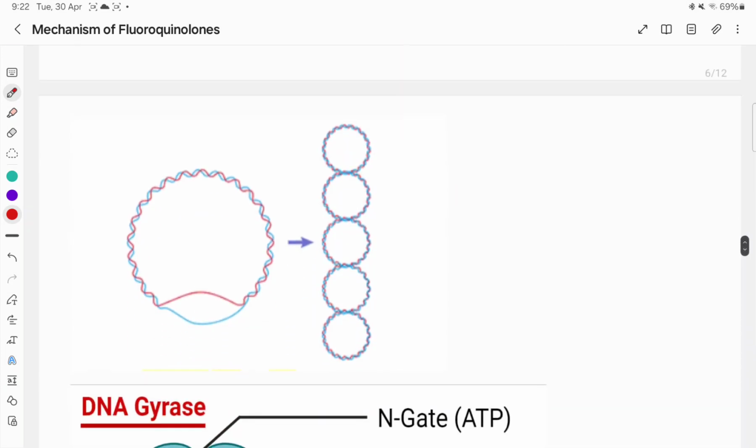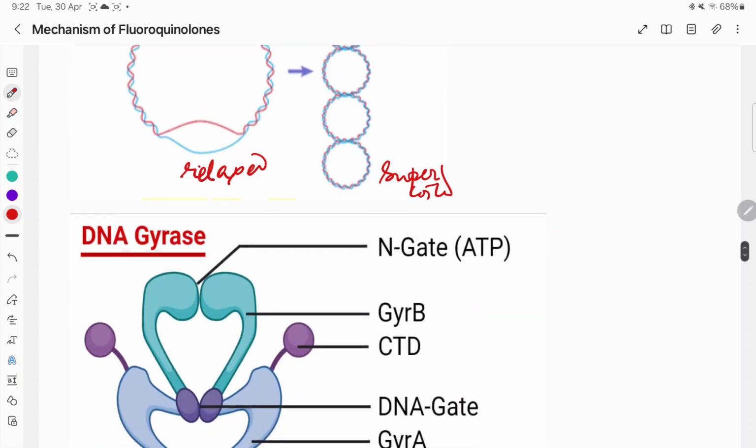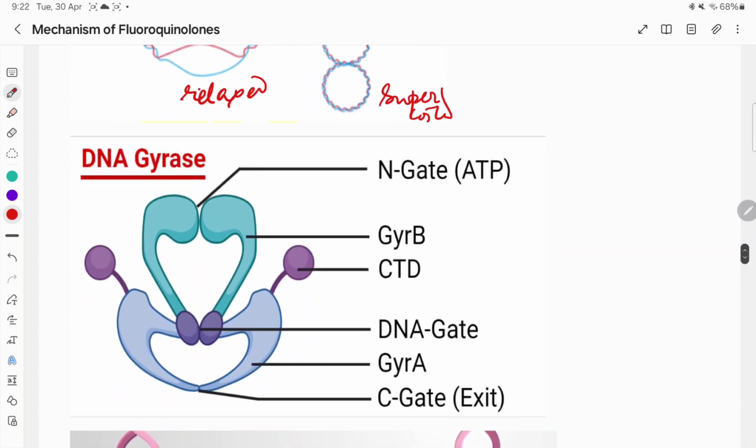So this is the relaxed DNA, and this is the supercoiled DNA. DNA gyrase helps in conversion of the supercoiled DNA into relaxed DNA.